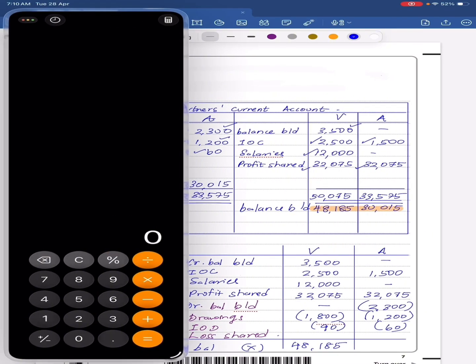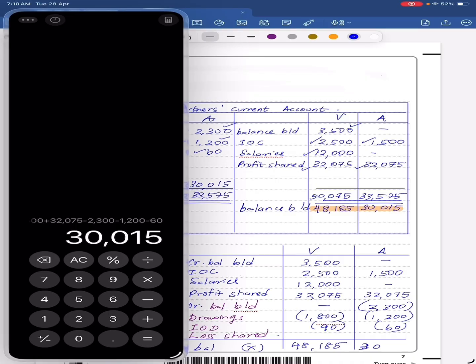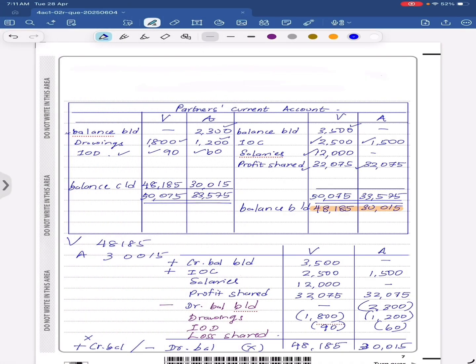Same way, let's do it for Albert. 1,500 plus 32,075, take away 2,300, take away 1,200, take away 60, should give 30,015. Therefore, as you can see here, we're getting the same figure using both the formats.